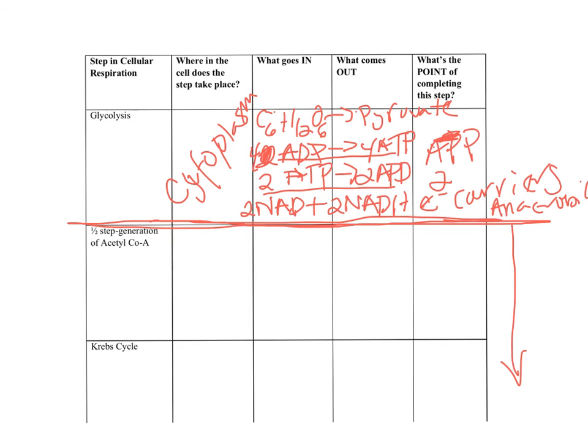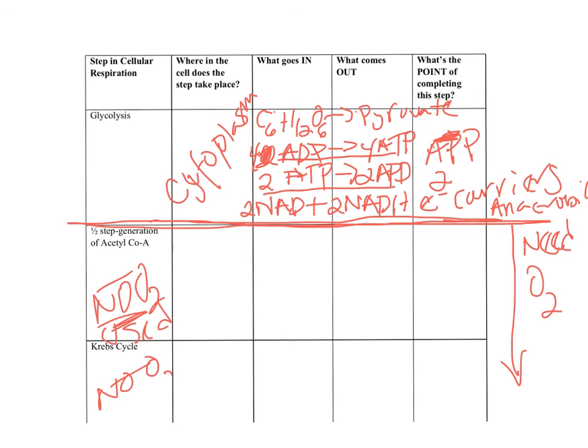Interestingly enough, we're not using oxygen here, we're not using oxygen here, but we are in the very last step. And so, in order to go on, you need oxygen. Okay? So even though, like I said, no oxygen is used in this step, and no oxygen is used here, we still need oxygen to be present in order to carry on, okay?